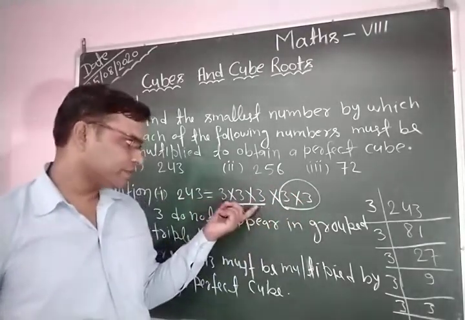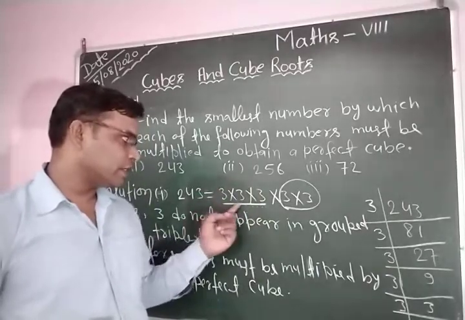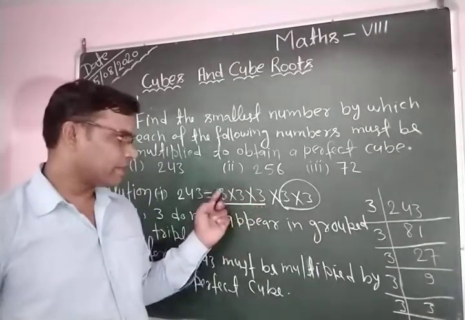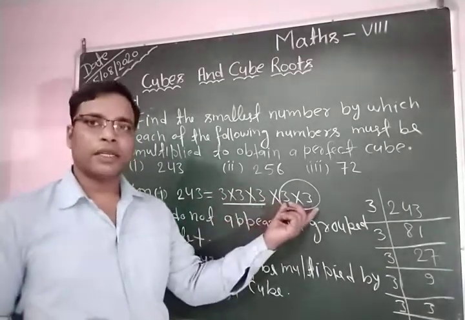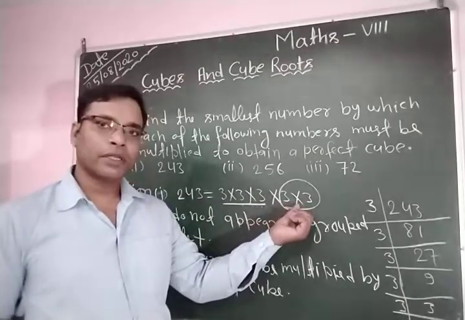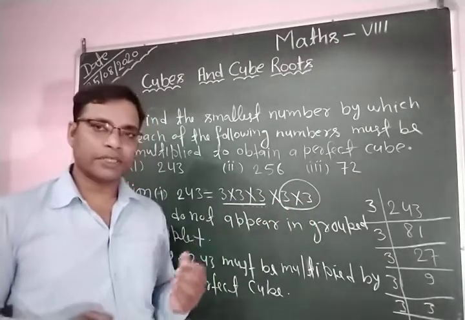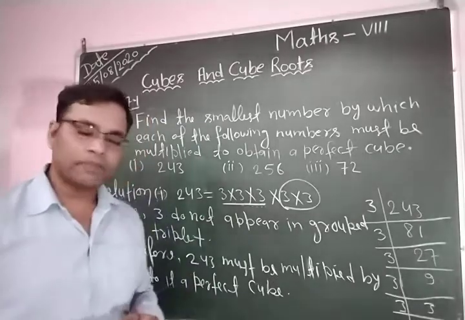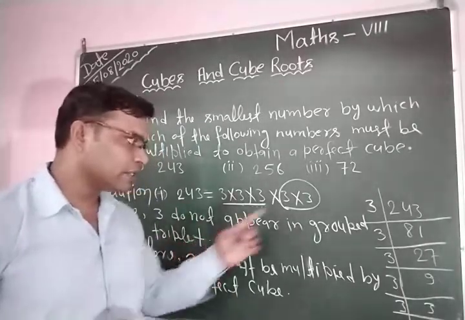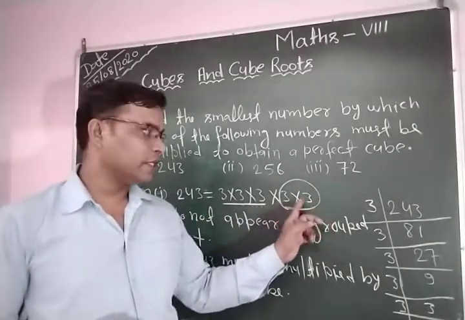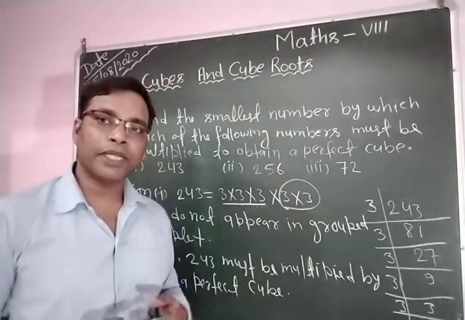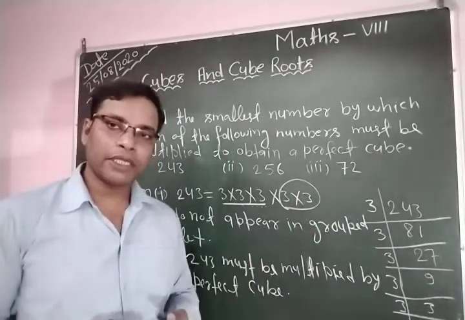Okay, so here this group of 3s is a group triplet, and this other pair is not a group triplet. So this is the least number, and the least number is 3. If you multiply the given number by 3, here also you obtain 3 into 3 into 3. It means these 3s appear in a group triplet.